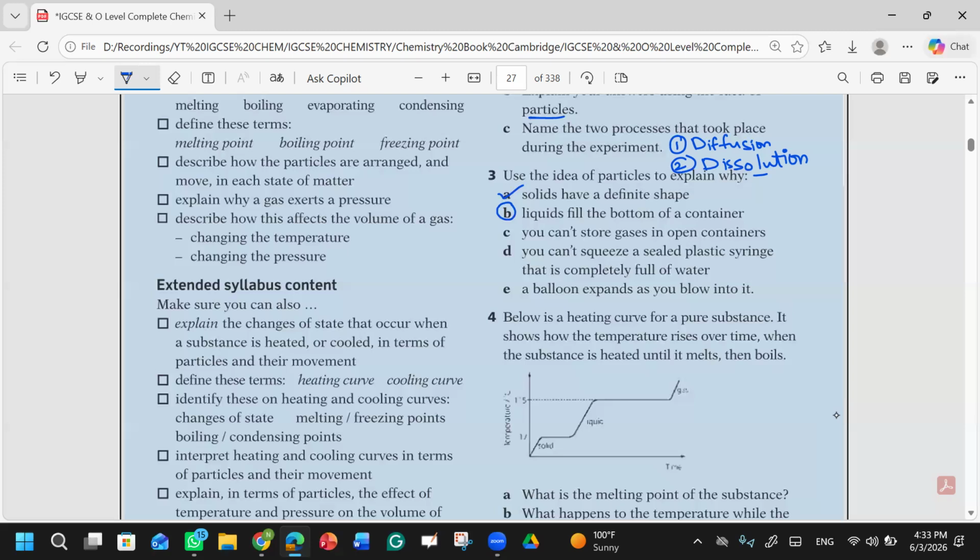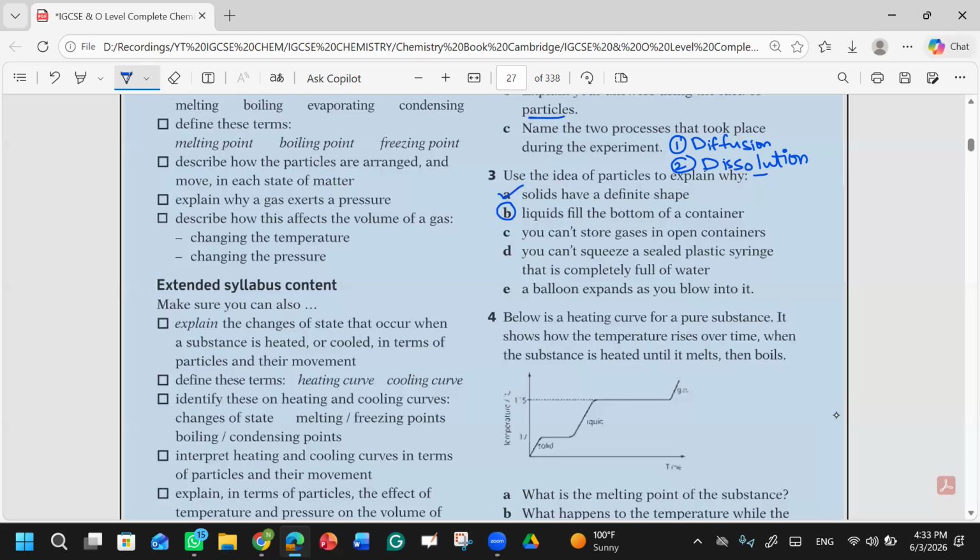Why is this so? Because it's like a fluid. Now think in terms of the particles, right? The particles are a bit far apart from each other, so it's easy to flow. Actually, as you said, the particles in the liquid are close together, but they have a random arrangement, right?